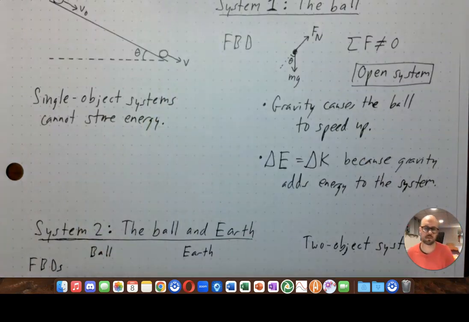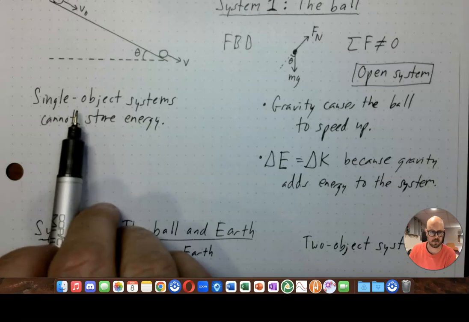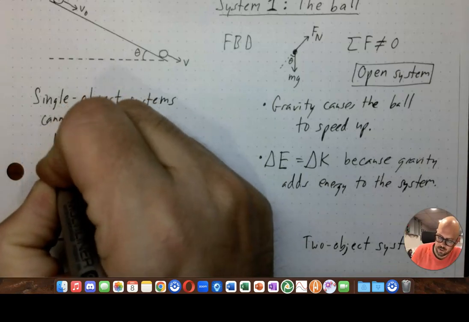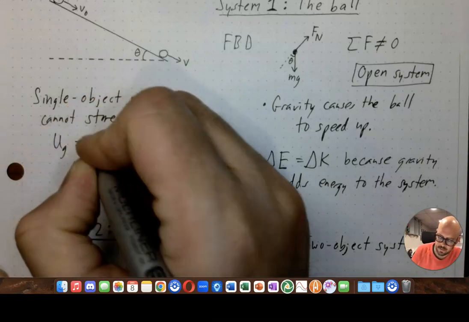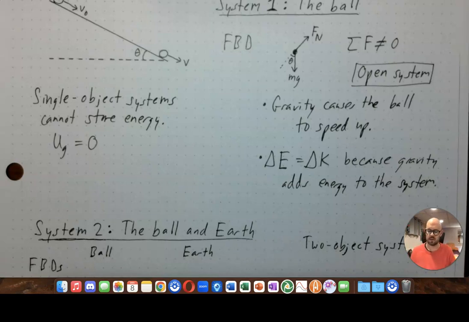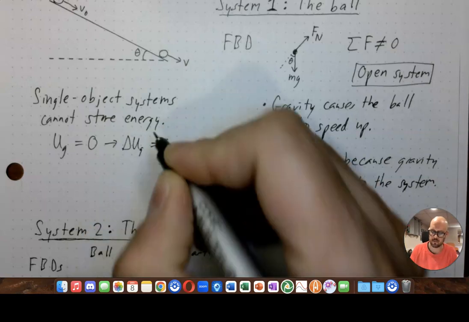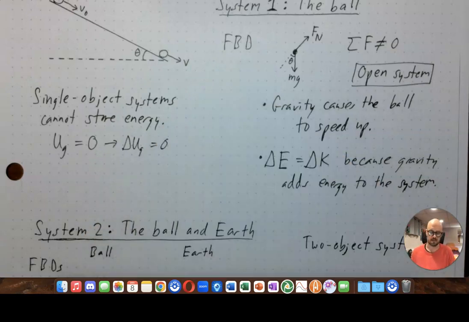Remember in the video for potential energy, energy can only be stored by a force, and so without another object in the system, there can't be a force between two objects in the system. It takes two objects to have a force, and so it also takes two objects to store energy. The value of gravitational potential energy for this single system is just 0. And because it's always 0, the change in value of gravitational potential energy is 0.